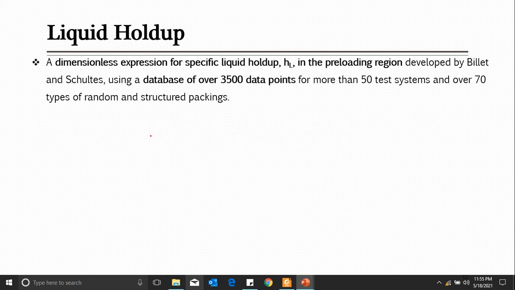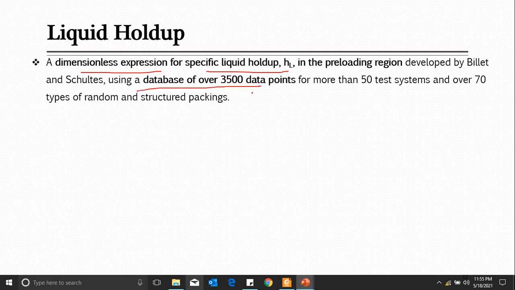After collecting the data and analyzing various systems, they have given us some expressions to calculate the liquid holdup, or the amount of liquid held on the surface of the packing, for those cases where it is stable operation. So let's look at those correlations. Here they analyzed a number of systems, and they collected 3500 data points.